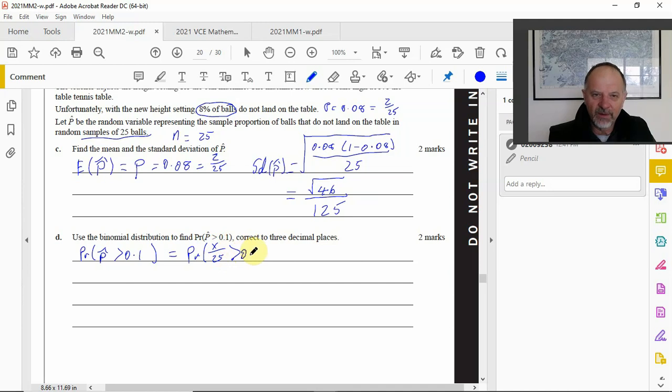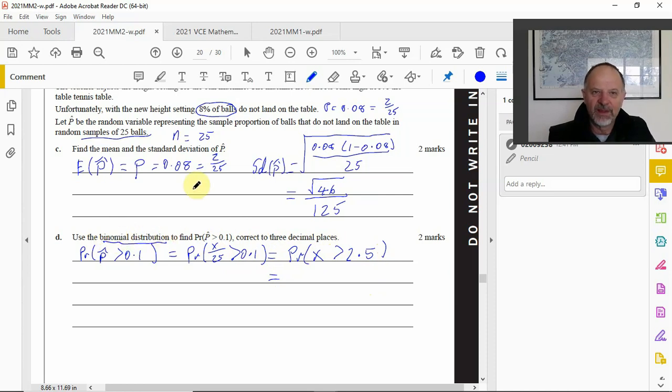We want that to be greater than 0.1, which then means, if I multiply both sides by 25, we want the probability that x is greater than 2.5. Now, this is binomial distribution here, it says.